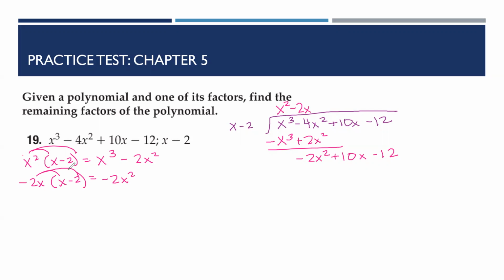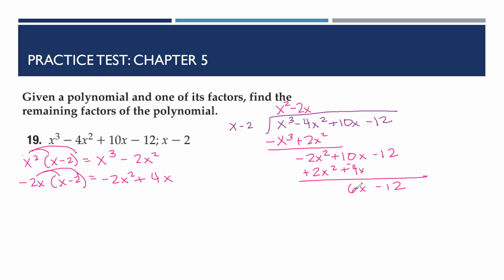And then negative 2x times negative 2, that's positive 4x. So this is minus 2x squared plus 4x, but remember I am subtracting here, so I change the signs here. Negative 2x squared plus 2x squared, well, that's 0, and 10x plus negative 4x is 6x minus 12.